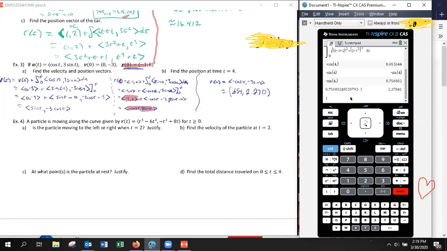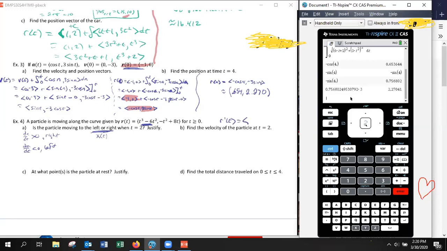Because it's left or right, I need to know what's going on with the horizontal component, not the vertical. Since I care about that, I know that if dx/dt is greater than 0, then I'm going right. If dx/dt is less than 0, I'm going left. Since this is my x of t, let's put r prime of t up here.